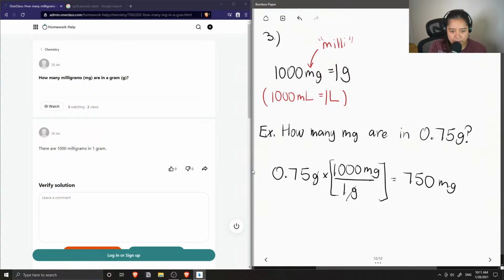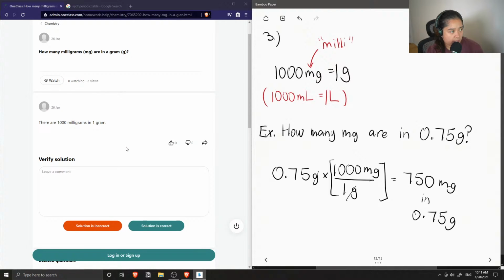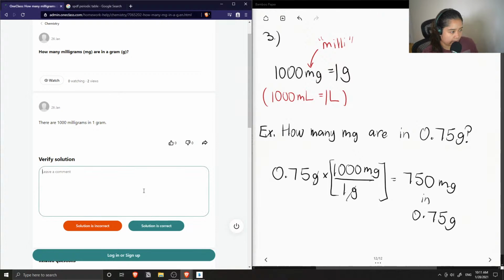So there are 750 milligrams in 0.75 grams. Okay, so the junior tutor just said there are 1,000 milligrams in 1 gram. So the solution is correct.